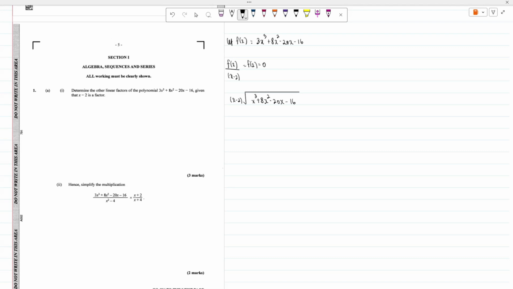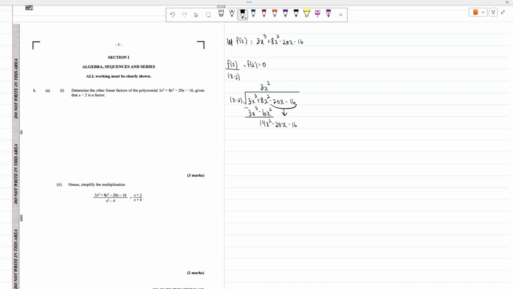When we long divide, first inside divided by first outside, I will get 3x squared. Then multiply: 3x cubed minus 6x squared. And I take away. When I take away, I get 8 plus 6, which is 14x squared. And I bring down everything else: minus 20x minus 16.